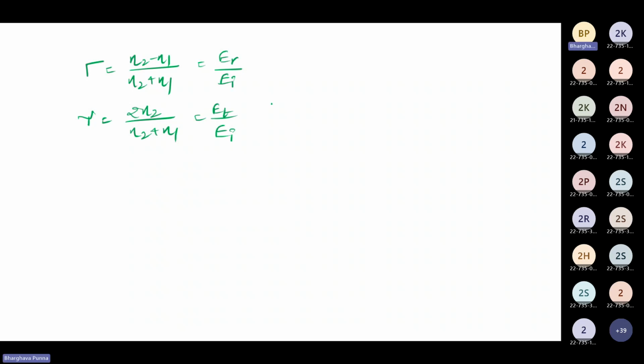You see, the incident wave we have taken normal to the boundary. Which direction is normal to the boundary? The Z direction. So the wave is also propagating in the Z direction. This incident wave propagates in the Z direction only. Z direction is normal to the boundary.